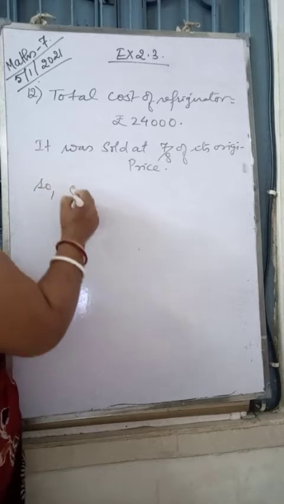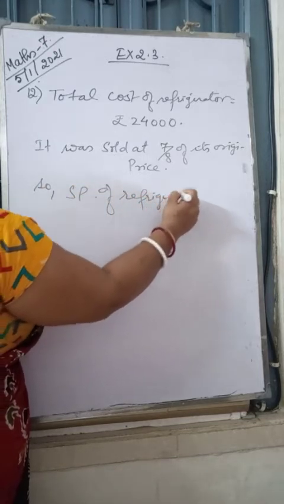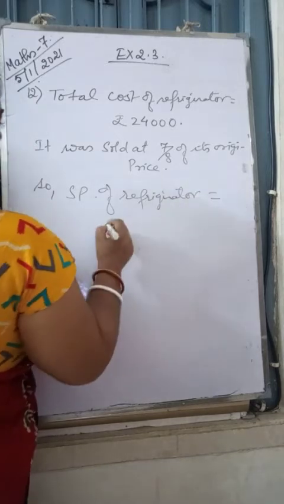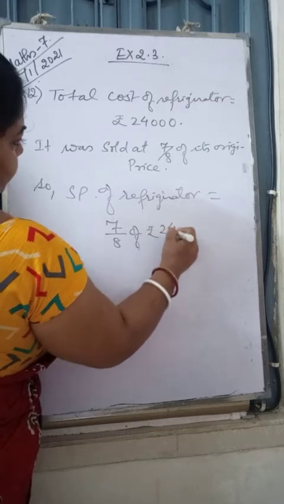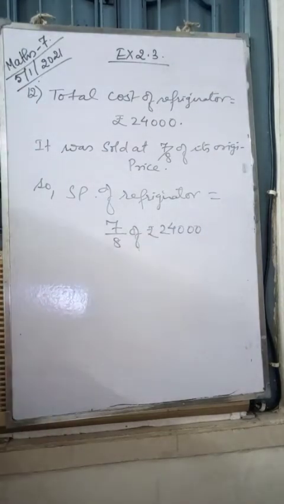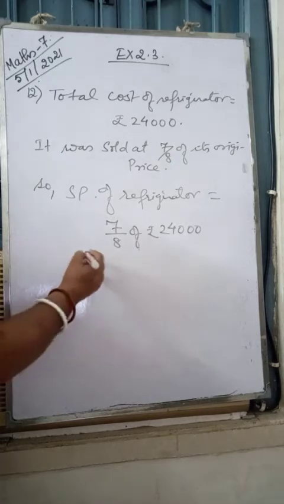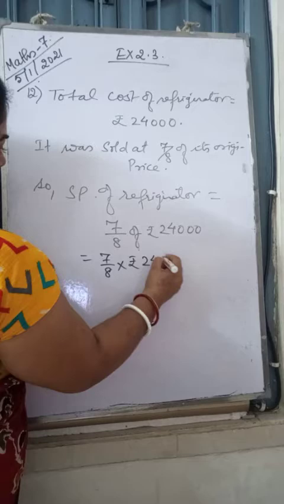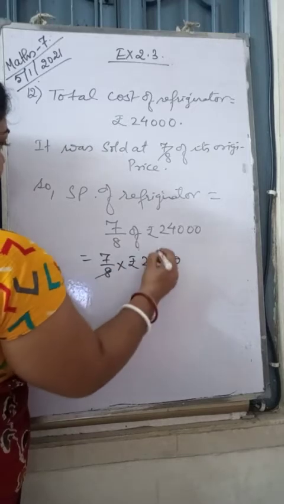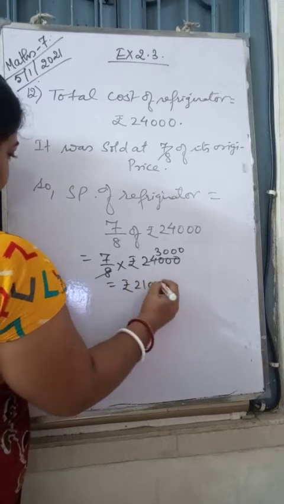So SP of refrigerator will be 7 by 8 of rupees 24,000. This will be the SP. Is it or not? Now we'll just find the 7 by 8 of 24,000. Rupees 21,000 it was sold.